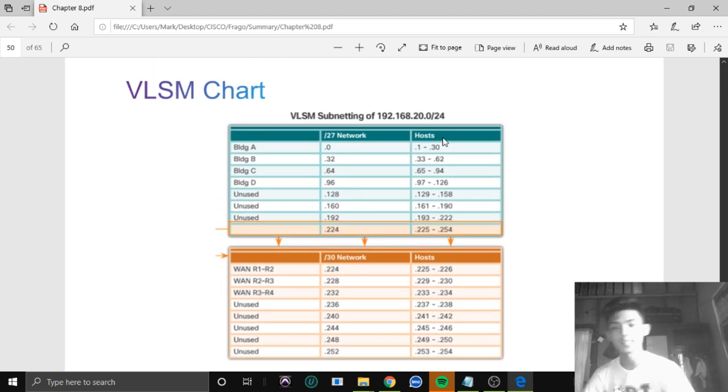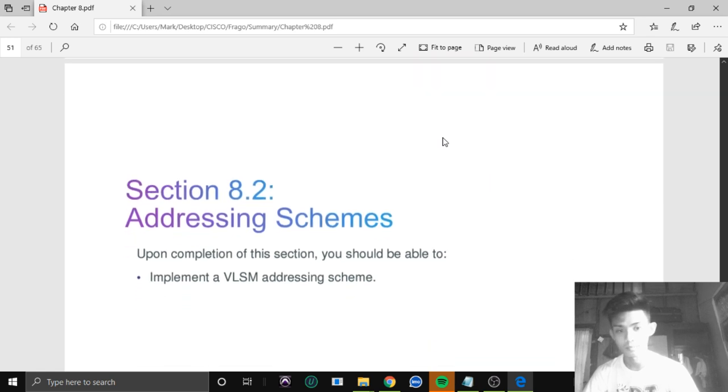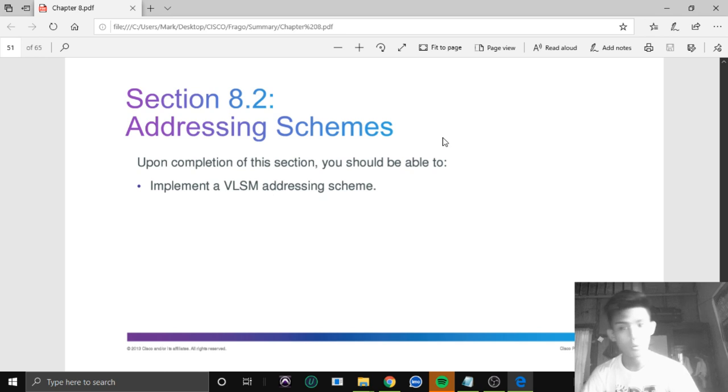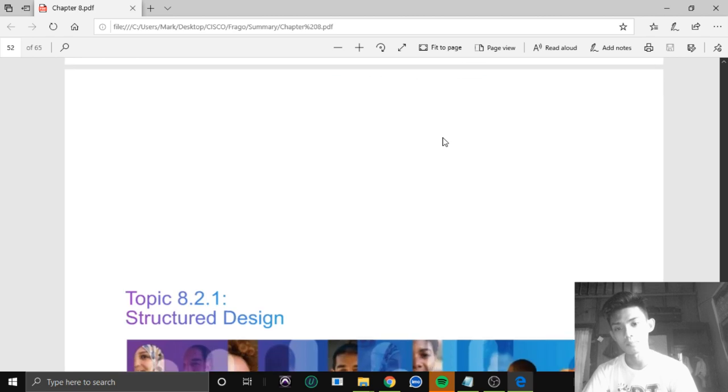And the VLSM chart. Section 8.2, Addressing Schemes. Upon completion of this section, you should be able to implement a VLSM addressing scheme.